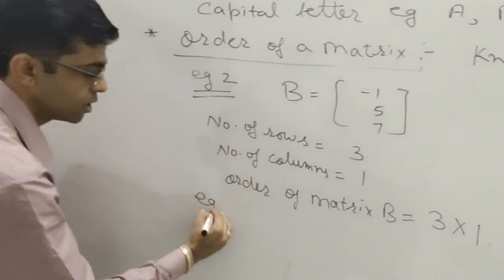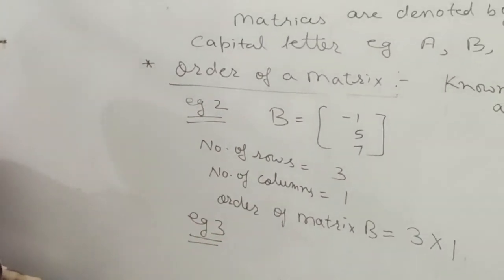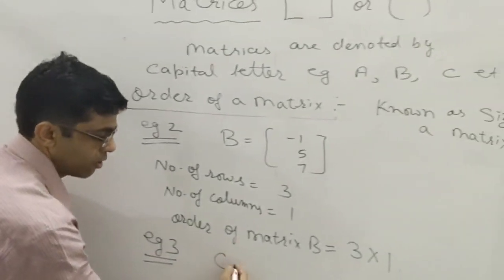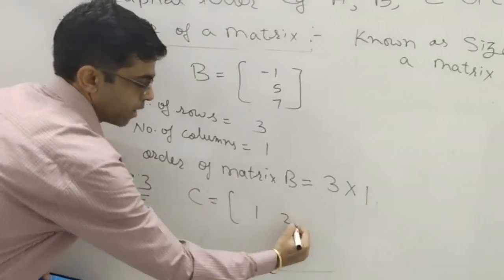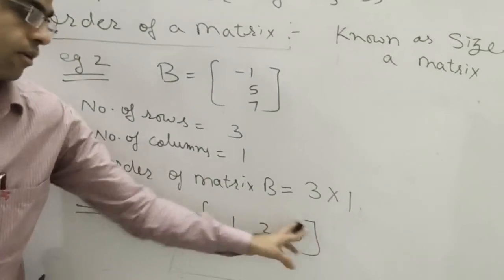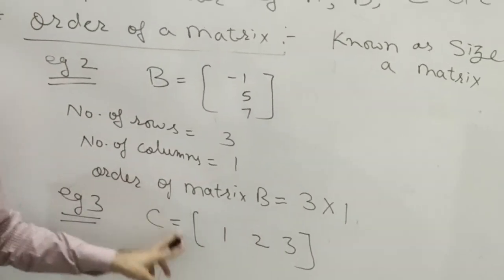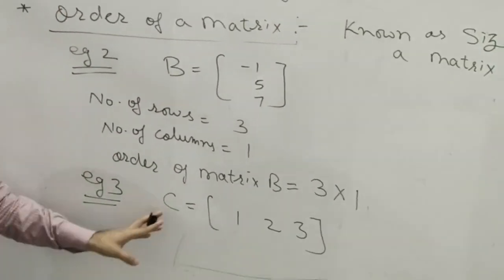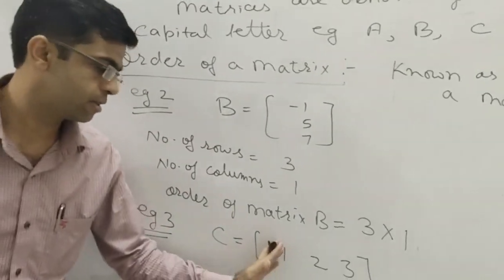Now take one more example to understand the order of a matrix better. This time I am taking this matrix. I have already told you that a matrix is the numbers written in these square brackets. Whatever we write in the square brackets is our matrix.